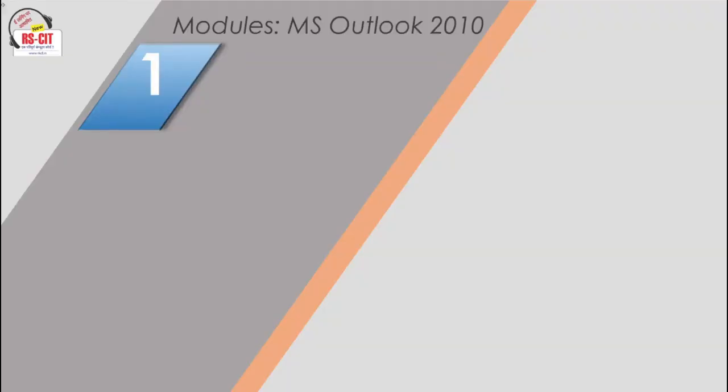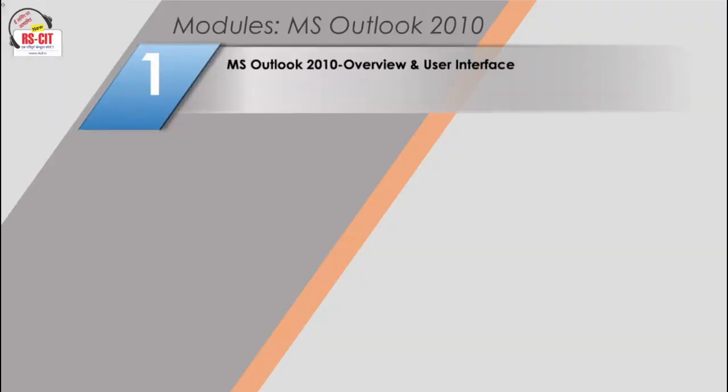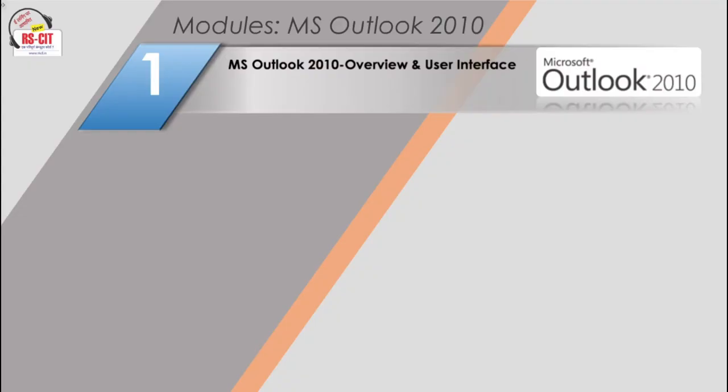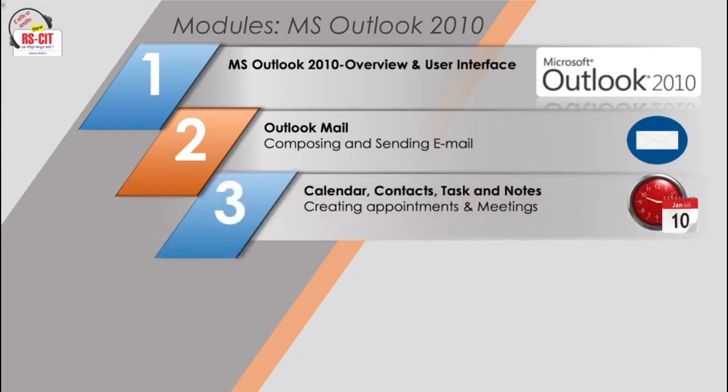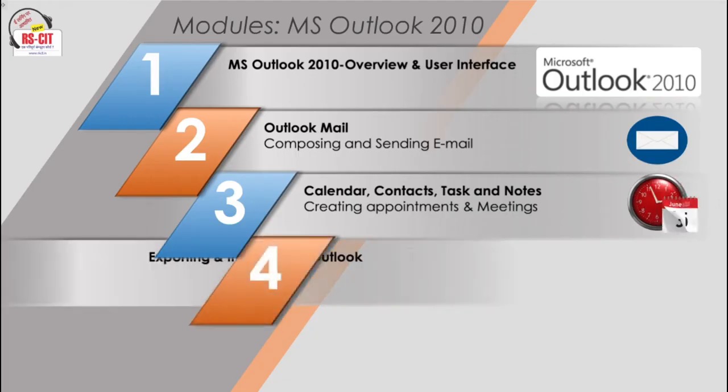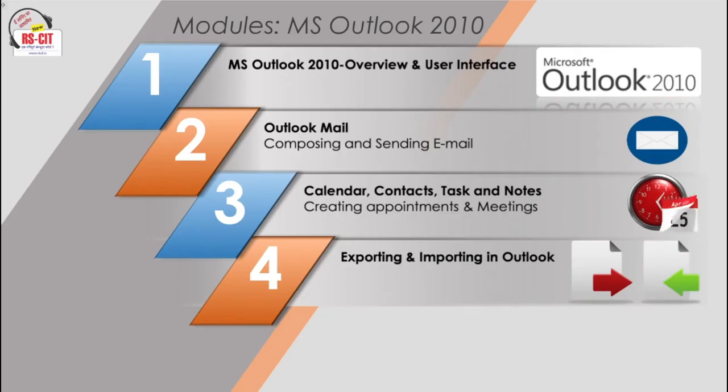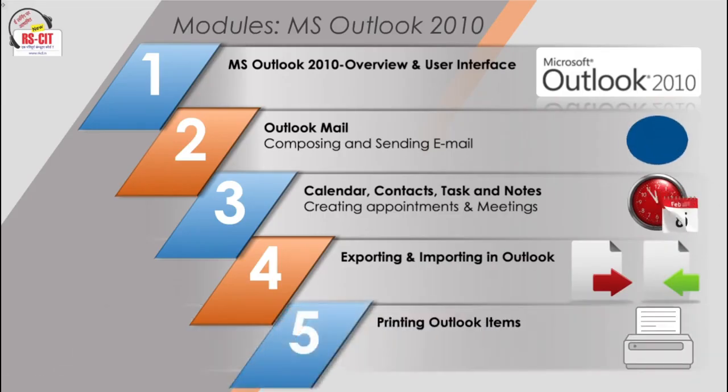Key modules that we will study here are MS Outlook 2010, Overview and User Interface, Outlook Mail, Configuring an email account, composing and sending email, reply to or forward an email message, calendar, creating appointments, scheduling meetings, contacts, tasks and notes, exporting and importing items, backup, restore process, printing Outlook items.